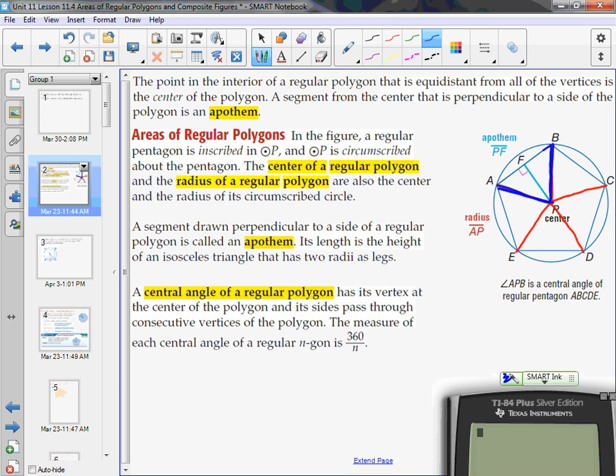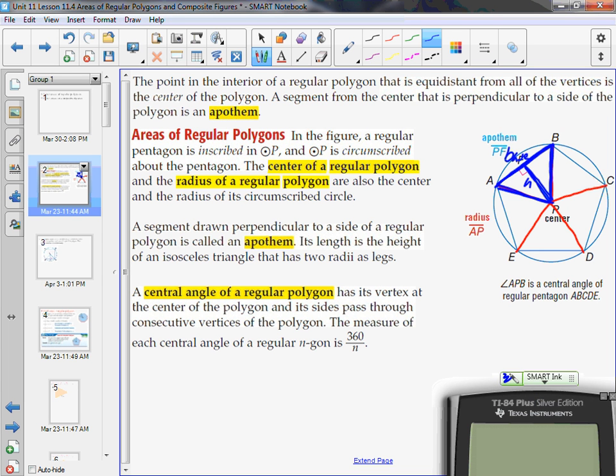And if I then use the apothem, or excuse me, a side of the pentagon as a chord, then the apothem is actually the height of that blue triangle, isn't it? Because it's the length of an altitude. It goes from a vertex perpendicular to the opposite side. So I would be calling this the base of the triangle. That's the height of it. Okay? All right, let's see here.